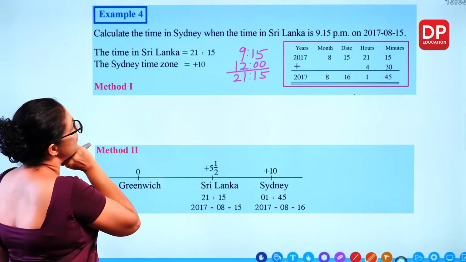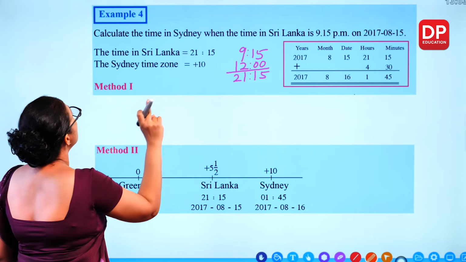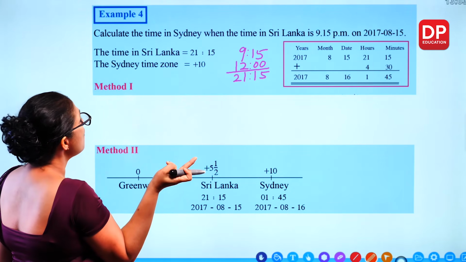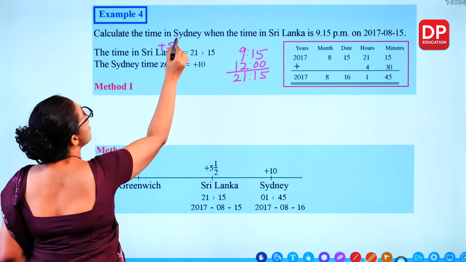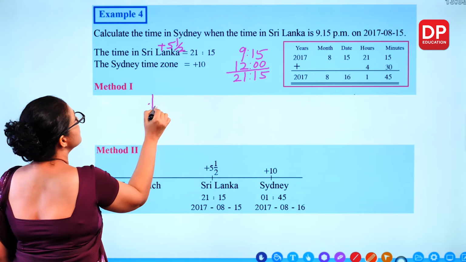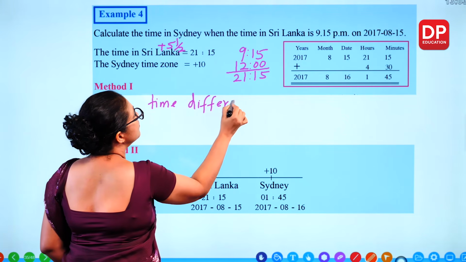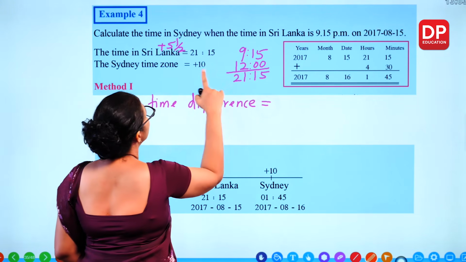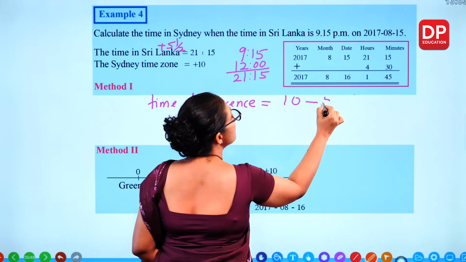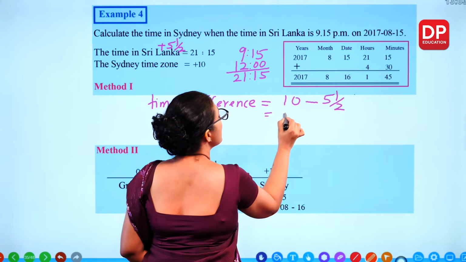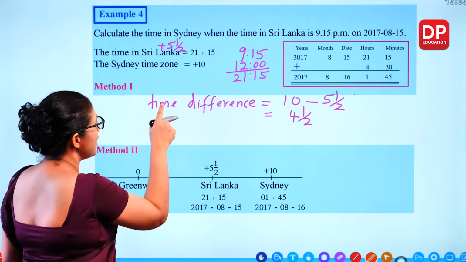Plus 10. So what do you do? Plus 10 for Sydney and 5.5 for Sri Lanka. So what's the time difference? 10 minus 5.5. So you get 4.5 hours difference. Now you can subtract.